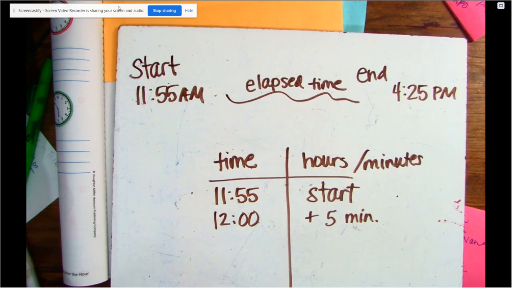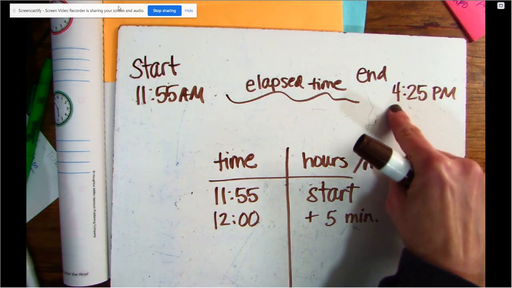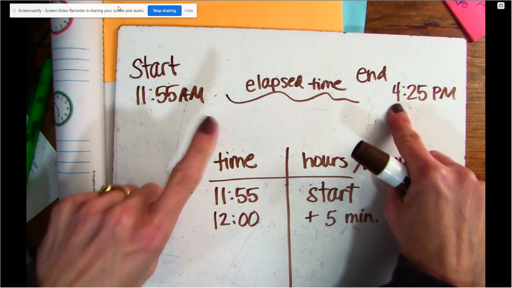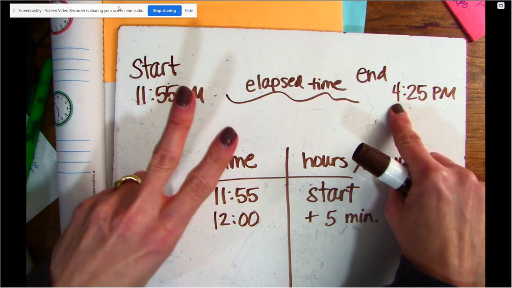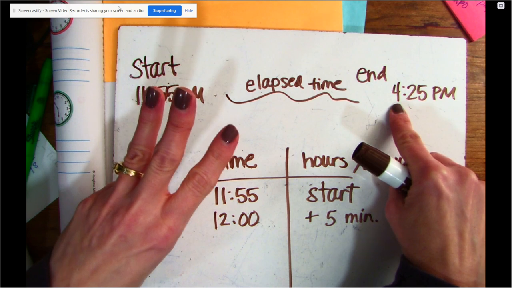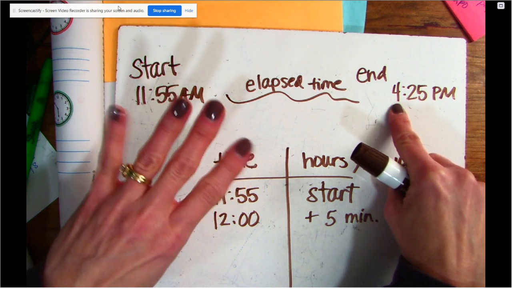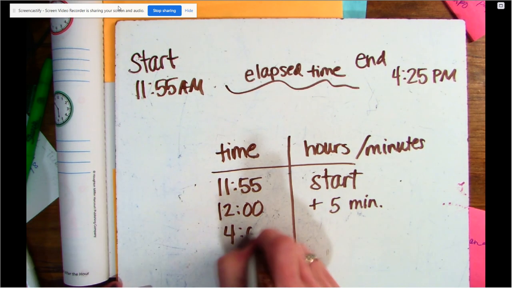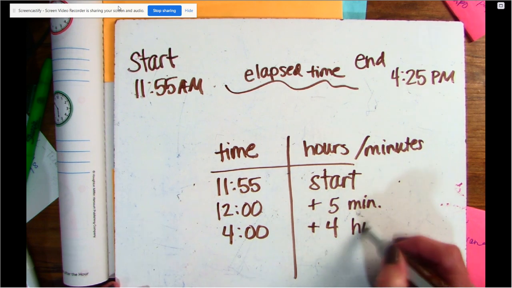Okay, then I want to be thinking in chunks of hours. I'm going to count. Can I go to 1 o'clock? Yep. Can I go to 2 o'clock? Yep. 3 o'clock? Yep. 4 o'clock? I can go to 4 o'clock. That's 4 hours. Let's write 4 o'clock. I'm going to write down hours, not minutes.